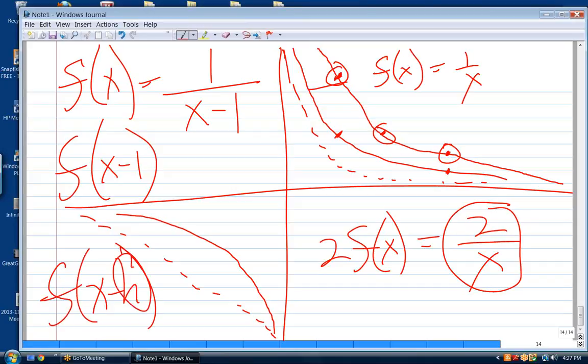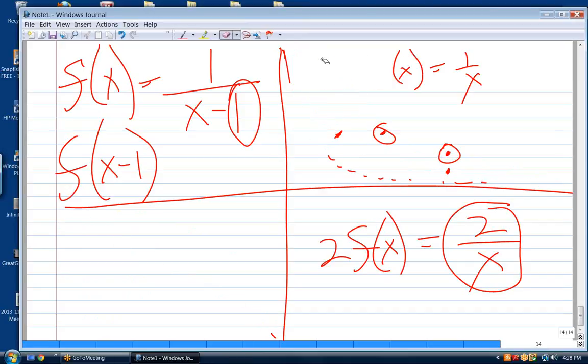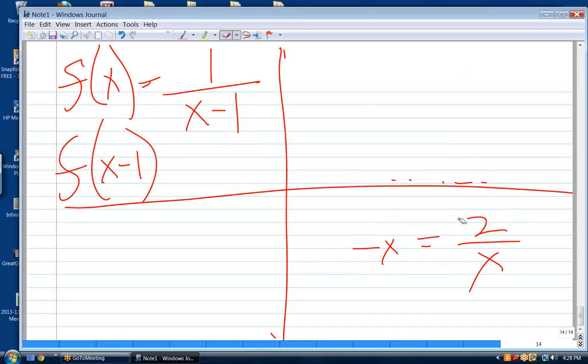In this case, h is a positive 1, which means everything moves to the right by 1. We can tell where the vertical asymptotes are going to go. Where's the vertical asymptote of 1 over x minus 1? They just go to the right one.